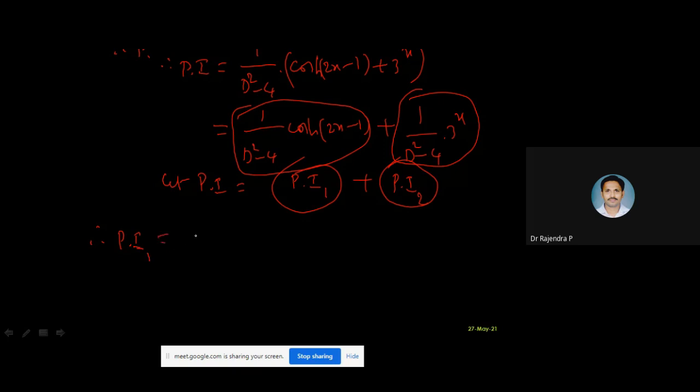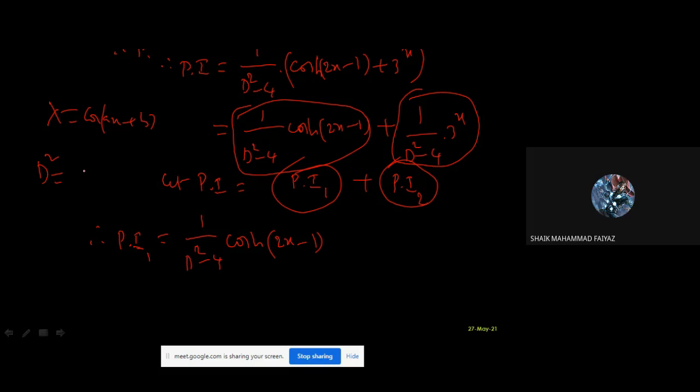So PI1 is 1 by D square minus 4 cos h 2x minus 1. As I told you, it is under case 2. If you have cos ax plus b or sin ax plus b, how do I have to replace the D square term?